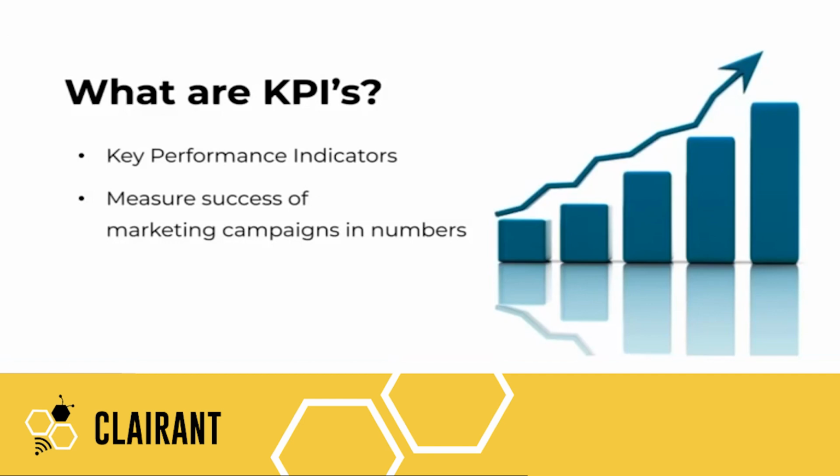So make sure that throughout this presentation, if you can think of KPIs that you can apply to your business that are more specific to what you are doing, not necessarily the general ones that I'm giving you, you want to be measuring those as well. If there's something else you want to be tracking, keep that in mind throughout this presentation.